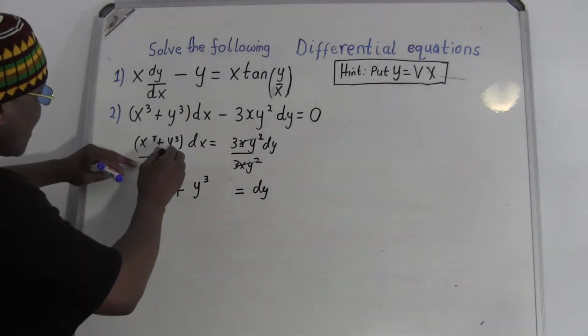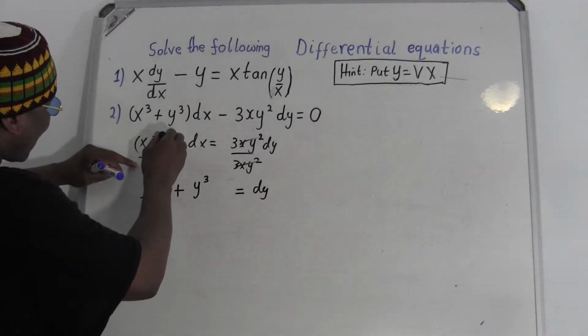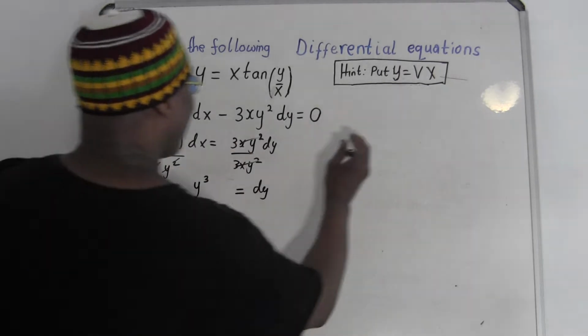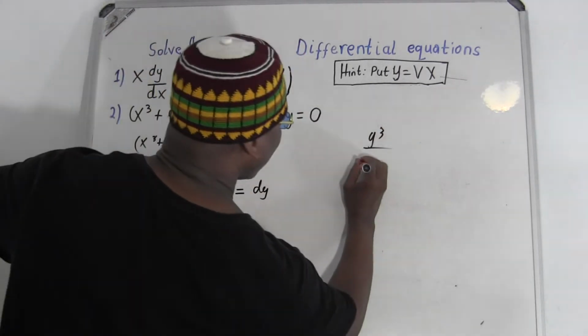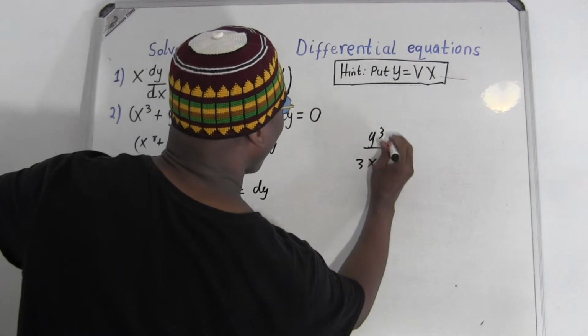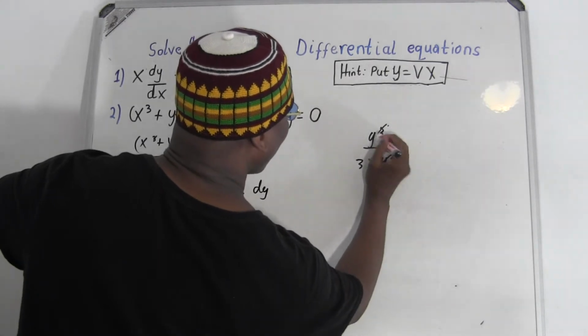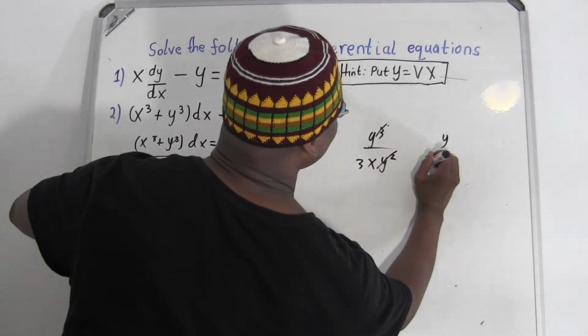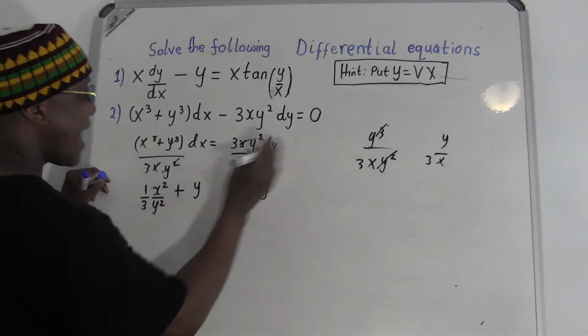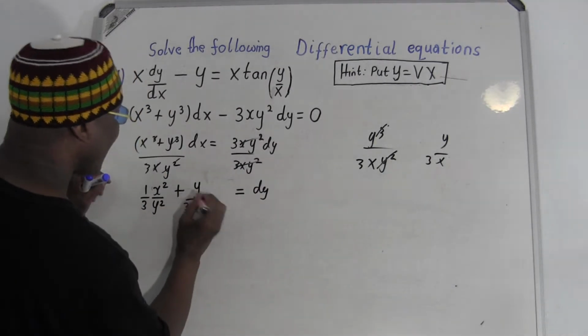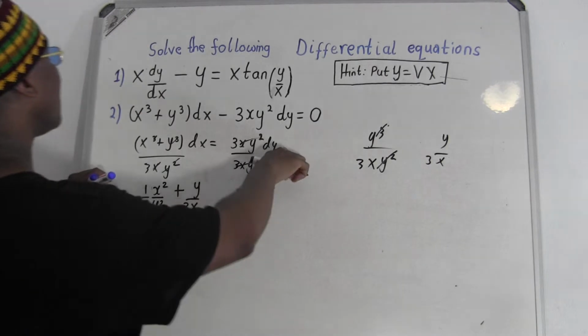Very interesting. Okay, so 2y and 2y is gonna go. You see what I'm saying? Because look, I'm just saying y cubed divided by 3x y squared means 2y and 2y go. So it's like y over 3x. Okay, so it's gonna become y over x, and 3 is gonna be here, equal to dy.